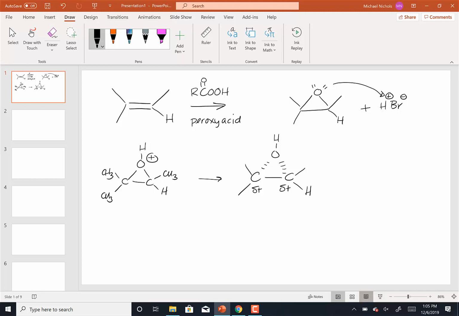So what does that look like? What kind of triangular intermediate? You have two choices: bromonium ion or the mercurinium ion. Once you protonate the epoxide, it looks exactly like a mercurinium or a bromonium ion.